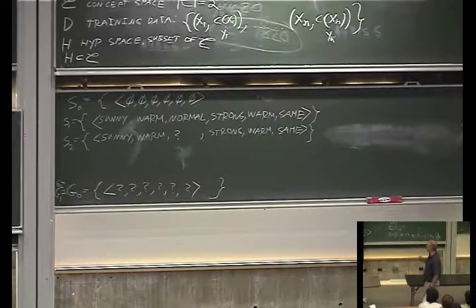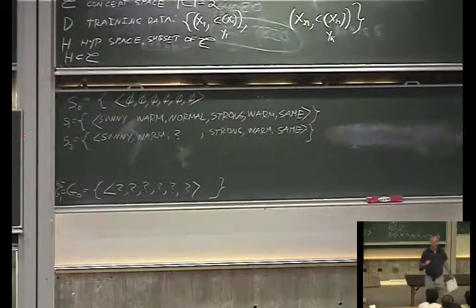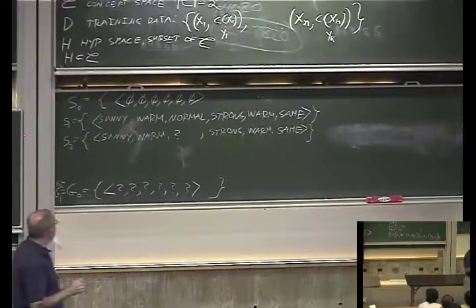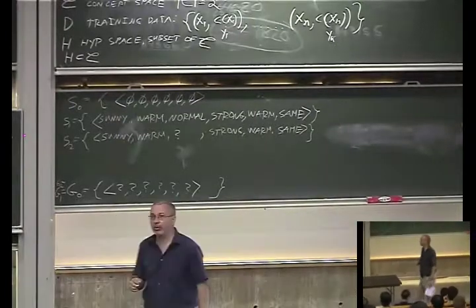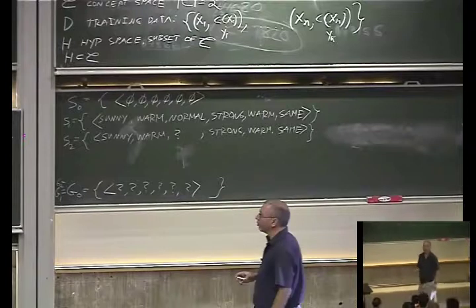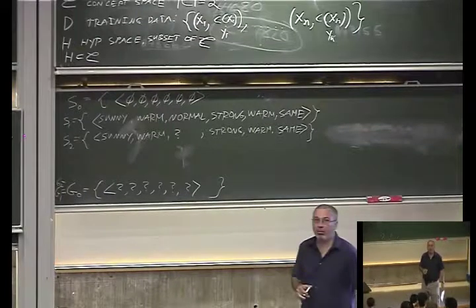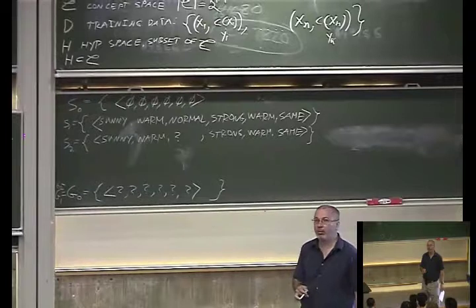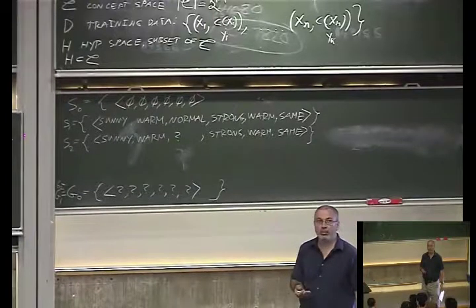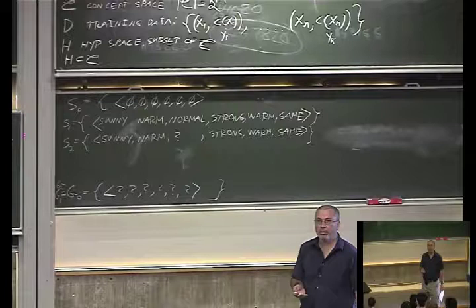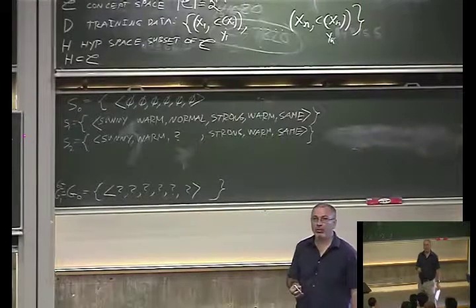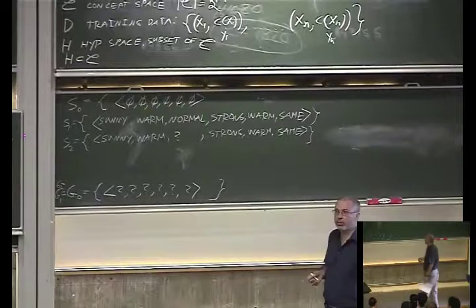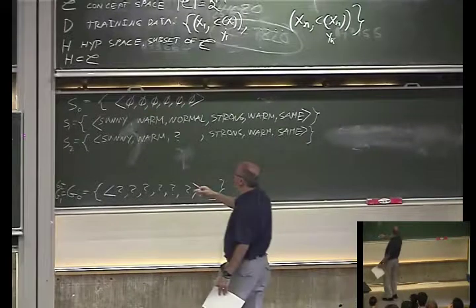Looking at the third training example, and remembering that it's negative, can you tell me which members of S are not consistent with it? To do that, you take one at a time. Well, there's only one.